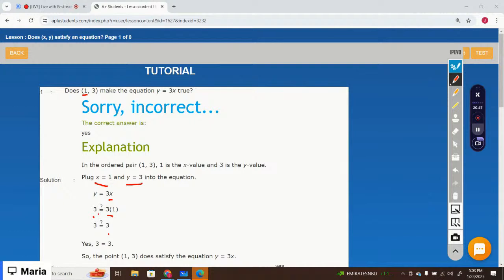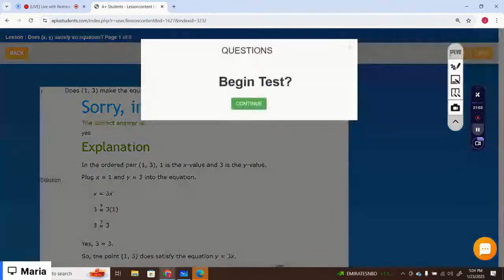You have to put the point in the equation. If the equation satisfies the point, that means that is the solution. And if it does not, that means that is not the solution of the equation. Let's just start with the test questions.